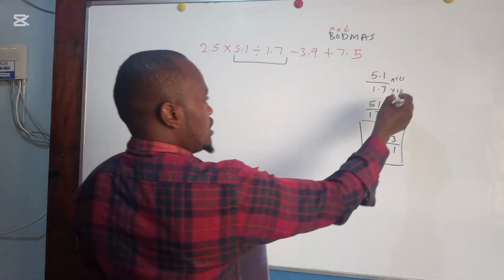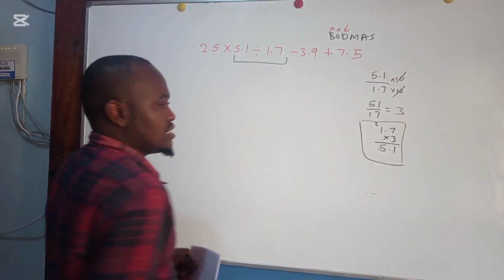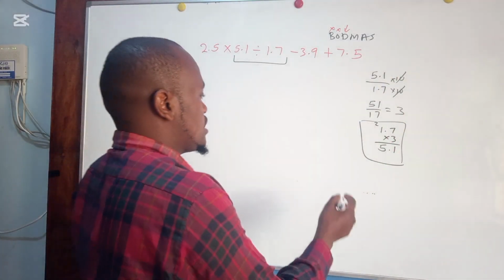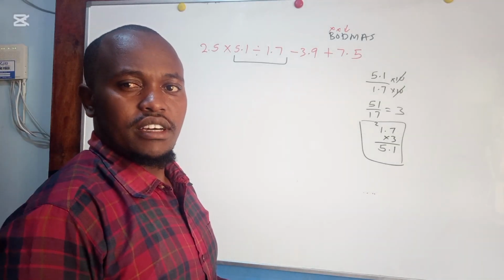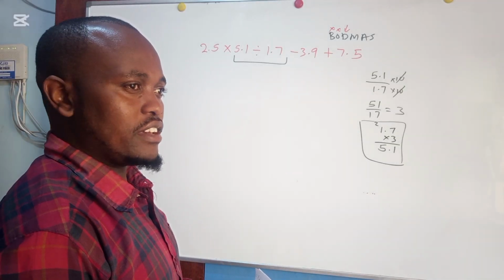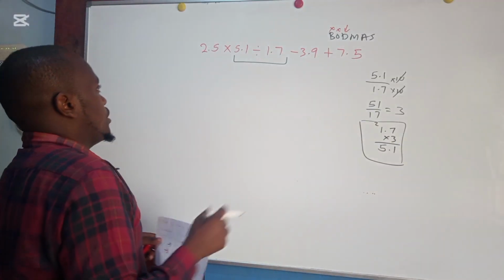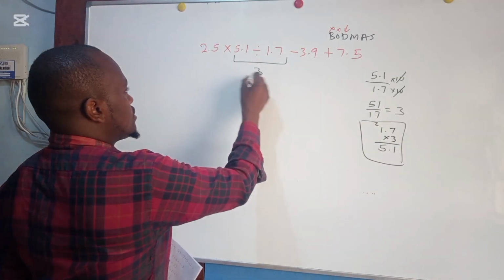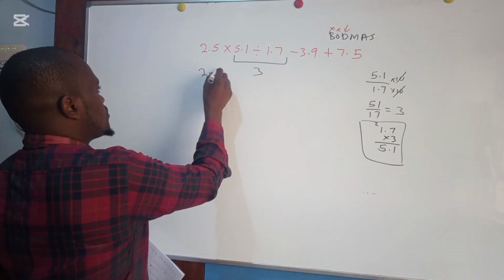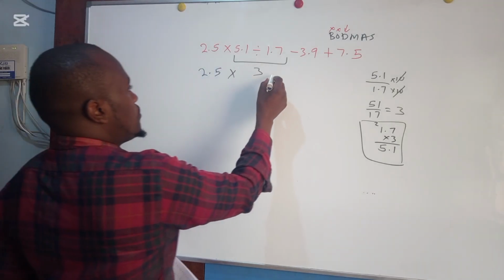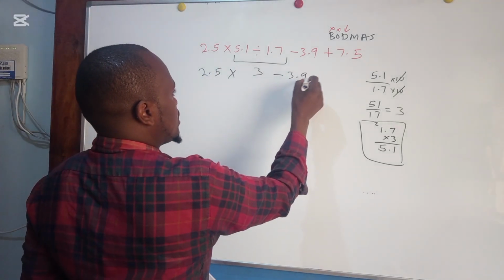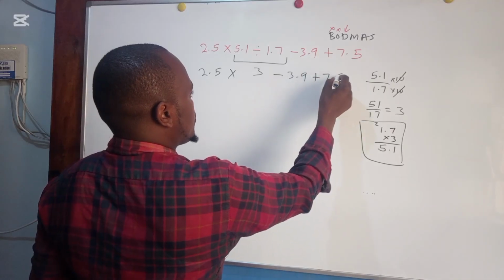It's what we call a dummy variable. A dummy variable is multiplying by a number that does not affect the real value of the numbers. Now, this is 3, and this is 2.5 times 3 minus 3.9 plus 7.5. So that is where we are.